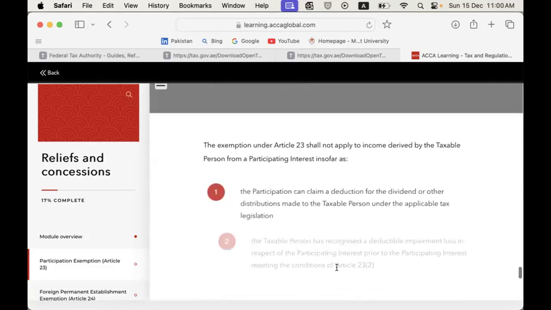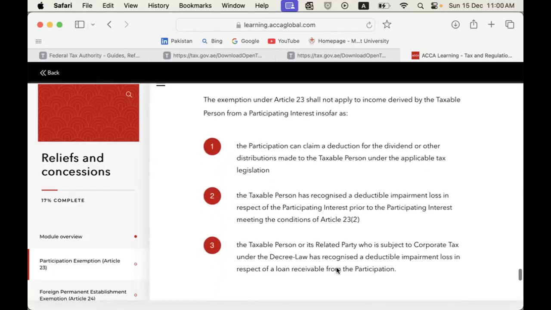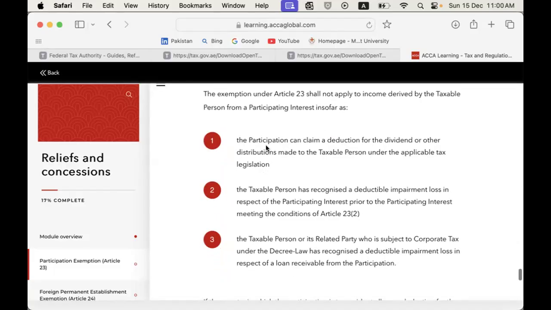Exemption withdrawn. The exemption under Article 23 shall not apply to income derived by the taxable person from a participating interest, so this is basically withdrawing of exemption, insofar as the participation can claim a deduction for the dividend or other distributions made to the taxable person under the applicable tax legislation.